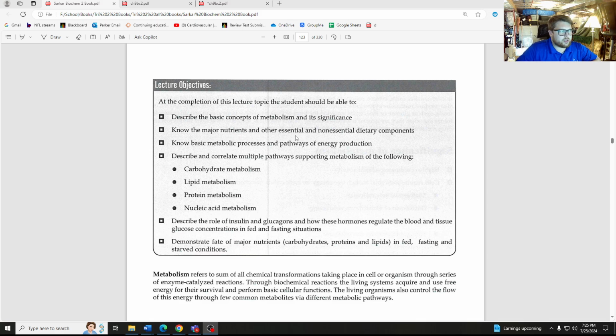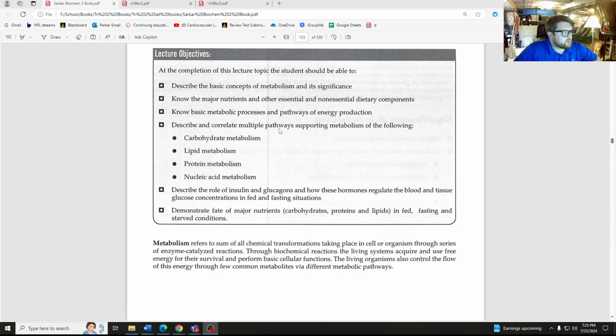That'll tie nicely into the next chapters, which are all about vitamins. Know the basic metabolic processes and pathways of energy production. Think glycolysis, Krebs cycle, electron transport chain, all of that good stuff, as well as the breaking down of the fats and the proteins to put into those cycles.